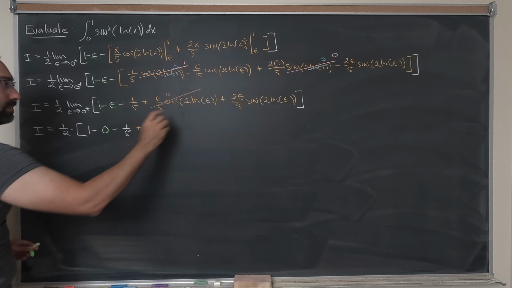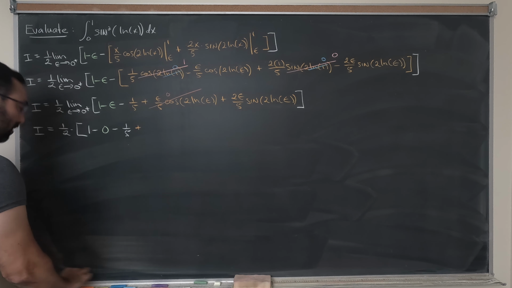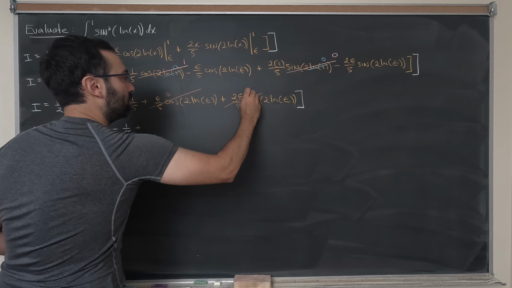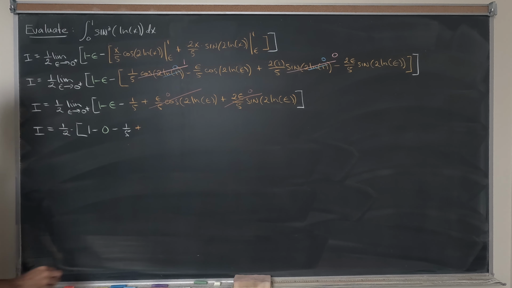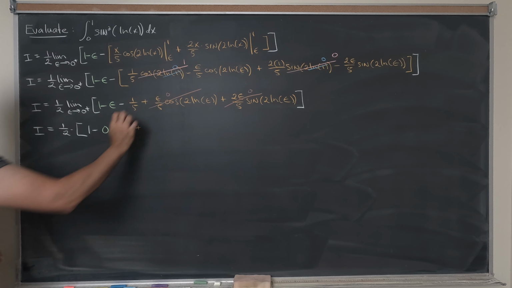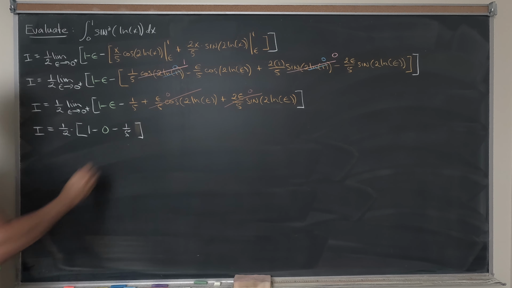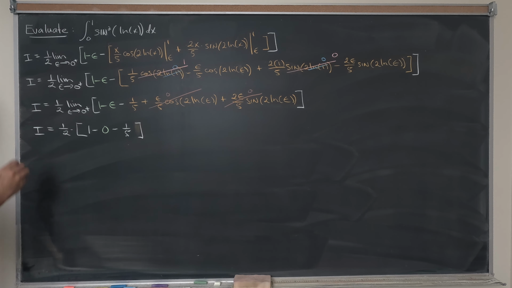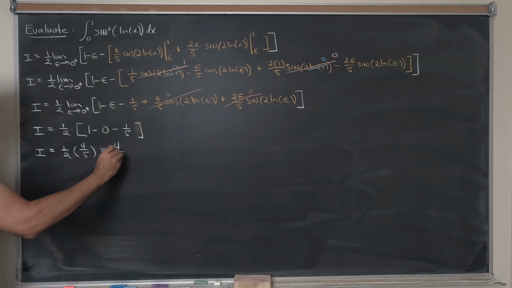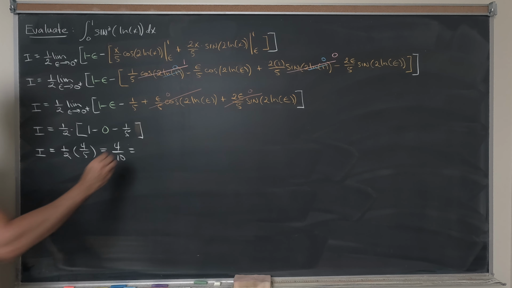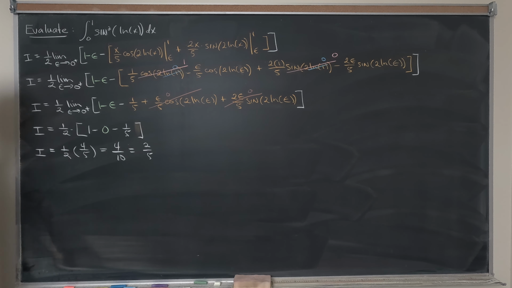Plus, here as well, when epsilon goes to 0, we go to 0 here as well. So all we really have now is 1 minus 0 minus 1/5. So we have half of that. 1 minus a fifth is 4/5. But that just simplifies to 4/10, which also just simplifies to 2/5.